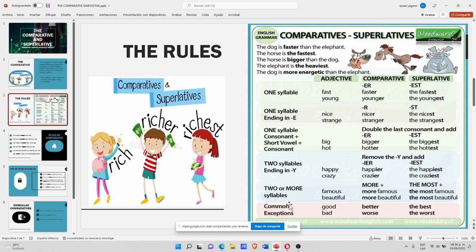The superlative only changes to est when we use one syllable, but only st in the case of e endings, and the most for favorite or beautiful. In the case of a common exception, good, better, and the best.